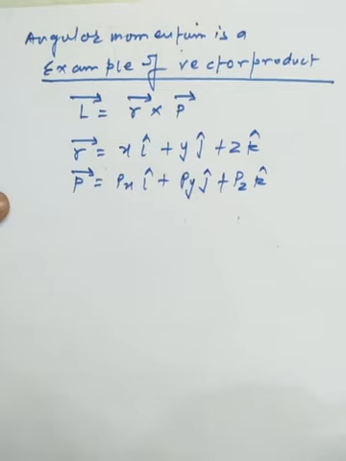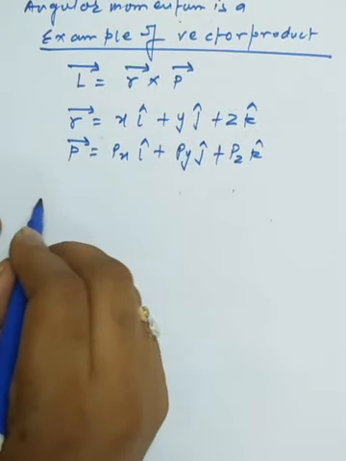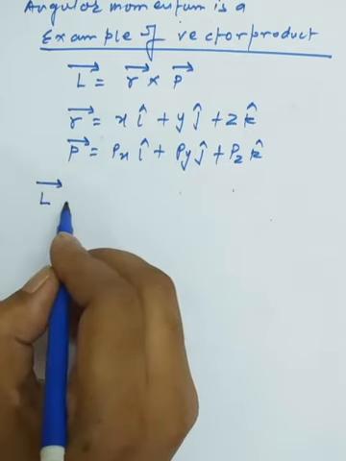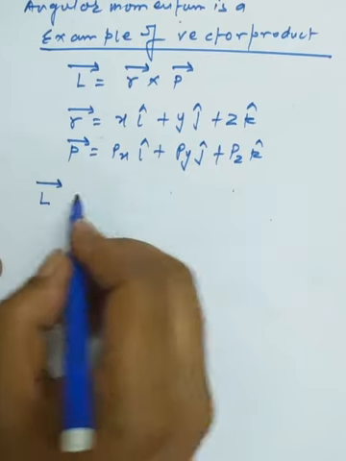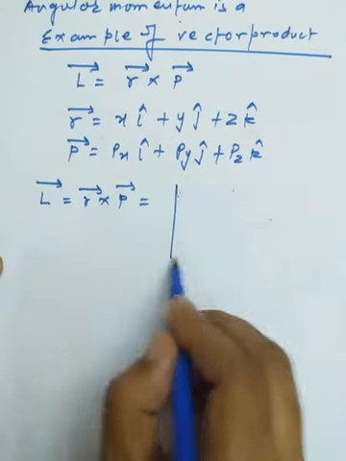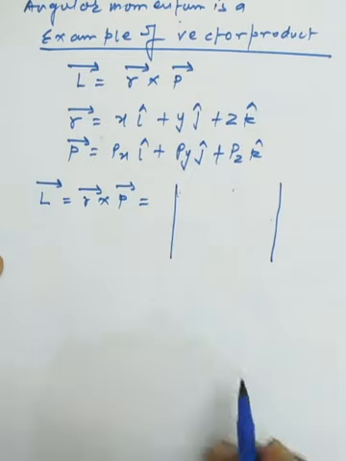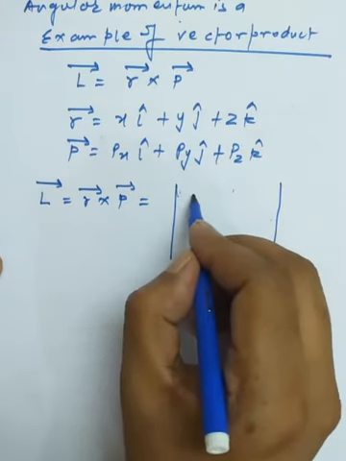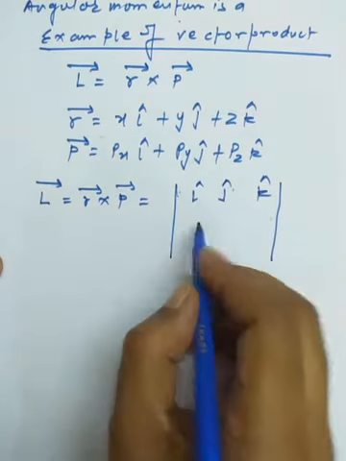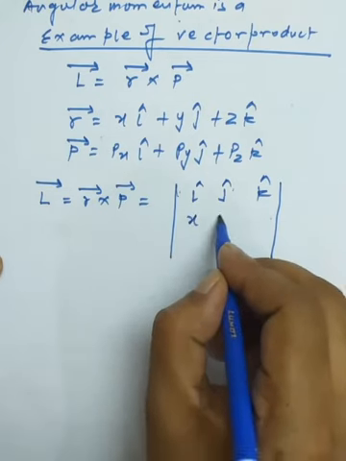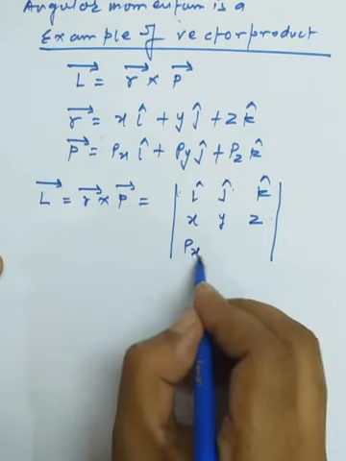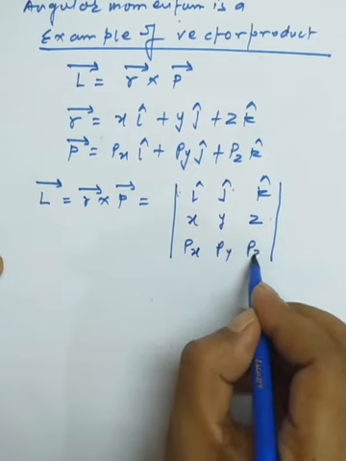So one of the determinant methods we can apply here, as we are getting the components of the angular momentum, that is the x component, y component, and z component. So we have to multiply the r vector cross p vector. Here we assume the determinant method, the same as for torque. So I am choosing i cap, j cap, and k cap, these are the 3 unit vectors, and the components of the r vector, x, y, and z. Next the components of the linear momentum, Px, Py, and Pz.